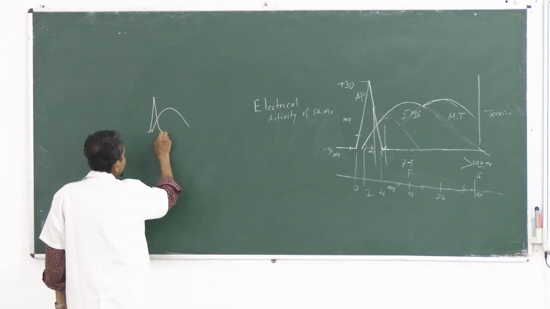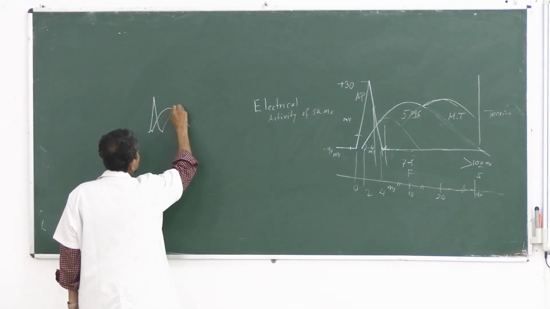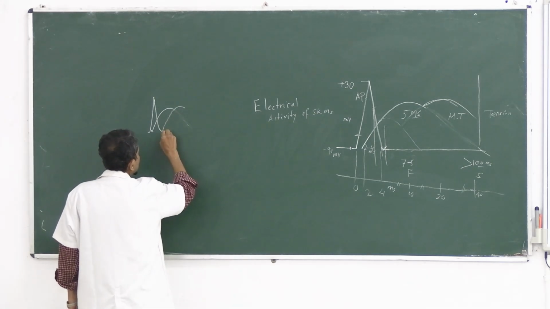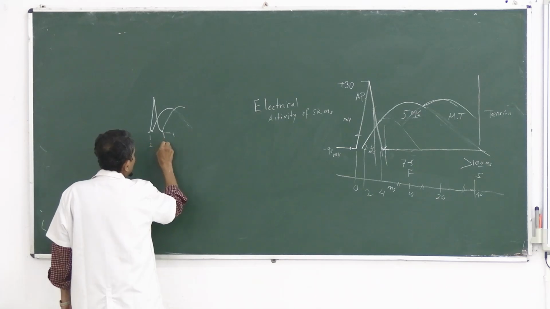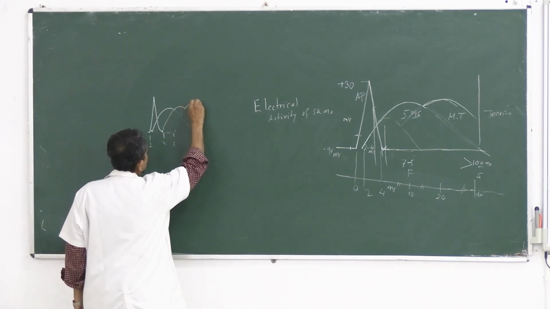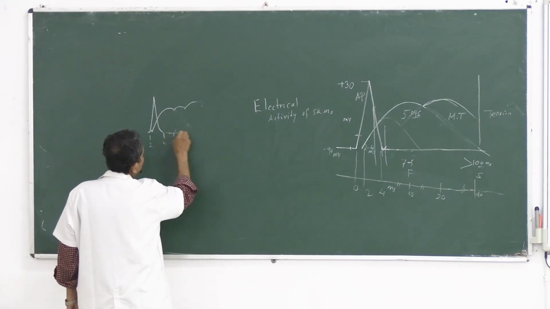If another impulse comes, it is superimposed upon that. Another comes, 1, 2, 3, and it is superimposed upon this. So in this way, there is the behavior.